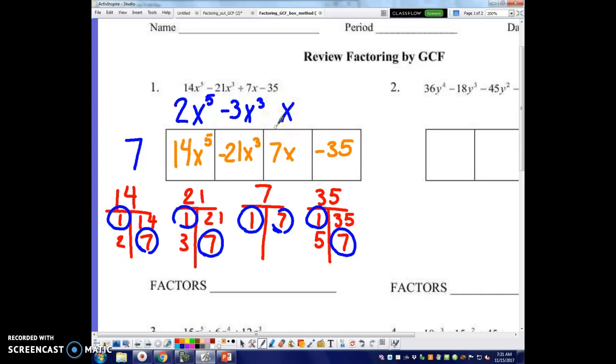Okay, and what times 7 gives you negative 35? Negative 5. Okay, so your two factors for this problem are going to be 7 times 2x to the 5th minus 3x to the 3rd plus x minus 5.